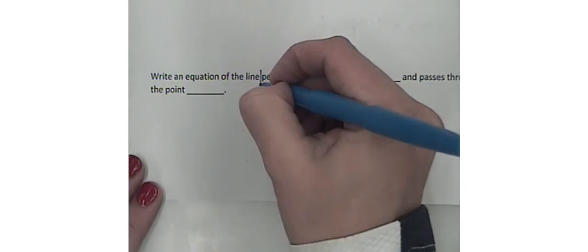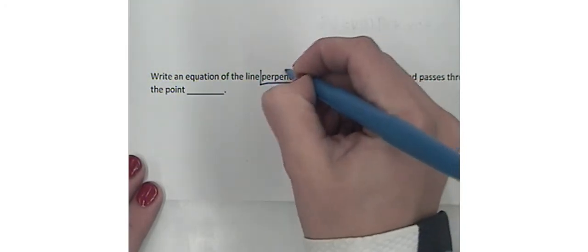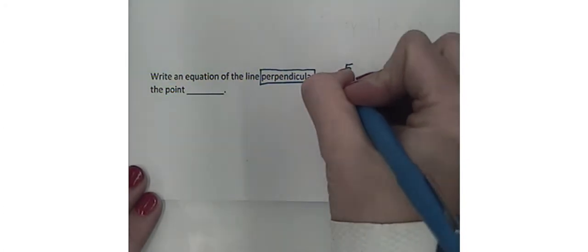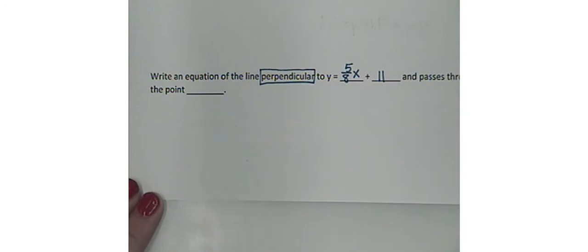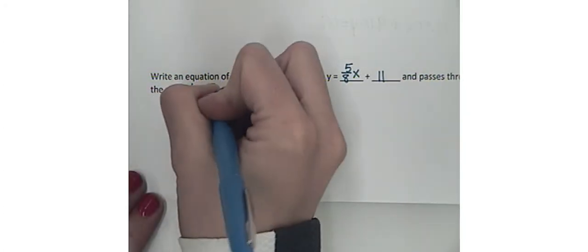Here, we're going to write an equation of a line perpendicular to y equals 5/8x plus 11, and it passes through 0, -7.